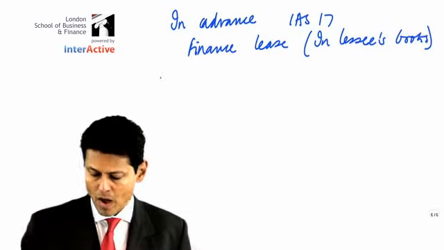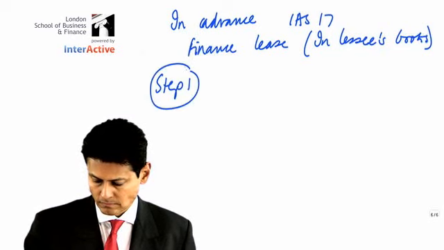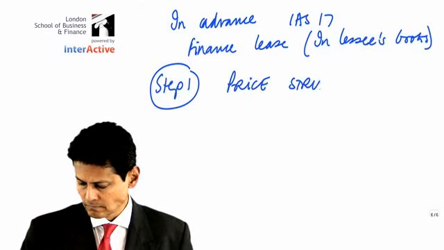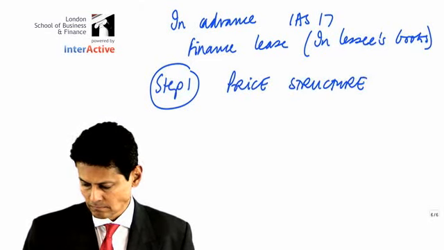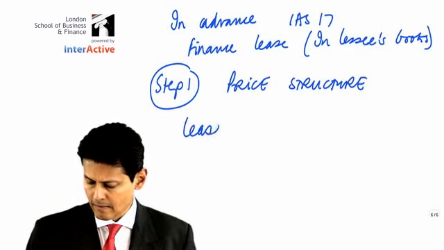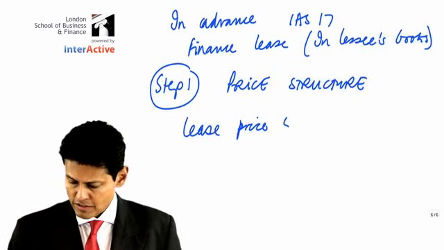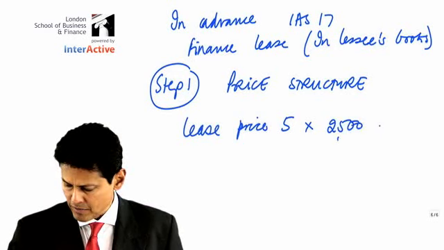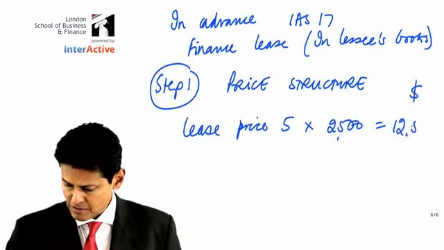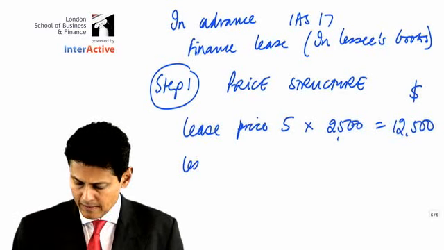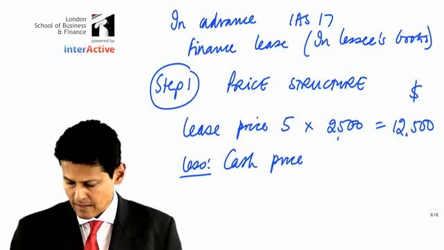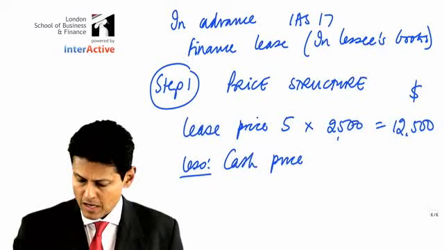So we come to step 1. The price structure. Clearly, the lease price is 5 times 2,500, let me call that 12,500, less the cash price had the car been bought outright.